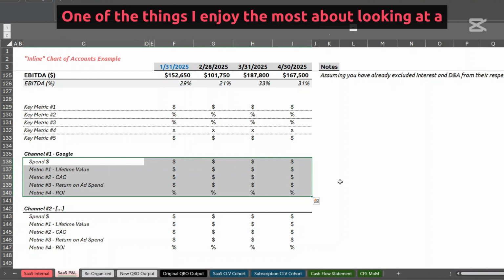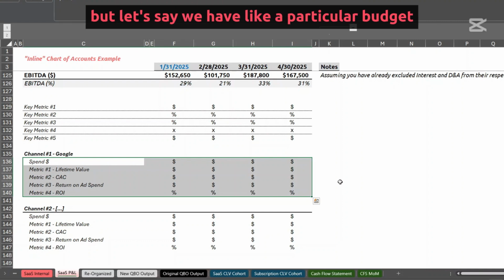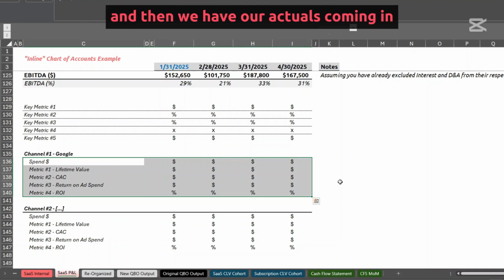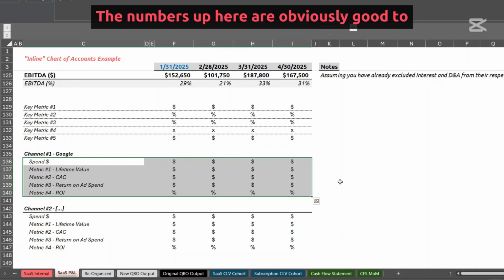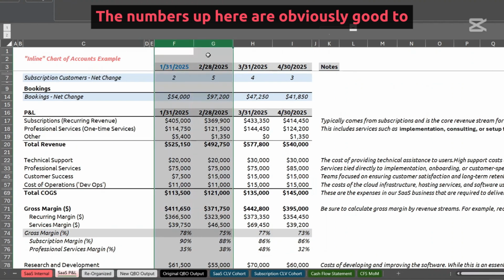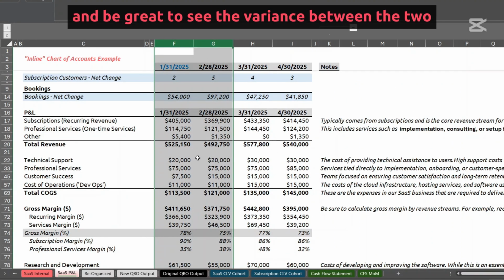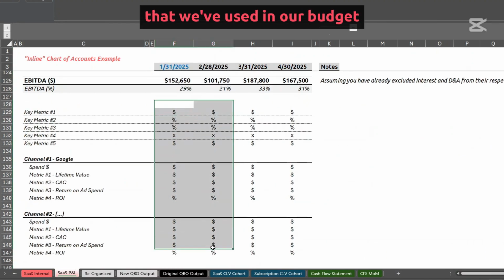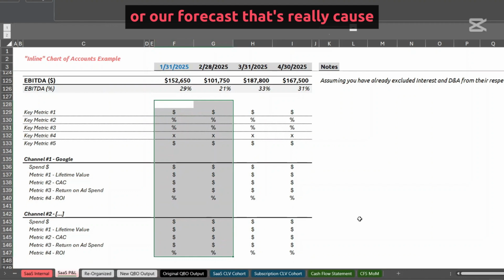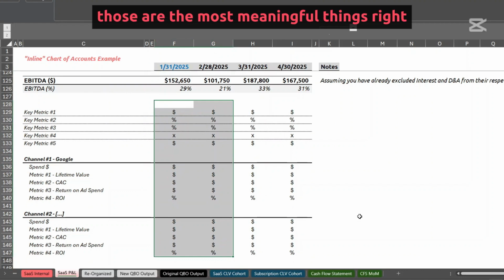One of the things I enjoy the most is looking at, let's say, a particular budget for one month, and then we have our actuals coming in and we're comparing the difference between the two. The numbers up here are obviously good to compare, and it'd be great to see the variance between the two. But when it comes to the underlying assumptions that we've used in our budget or our forecast, that's real, because those are the most meaningful things, right?